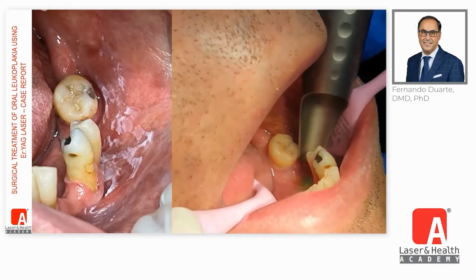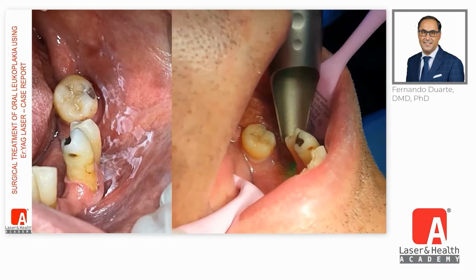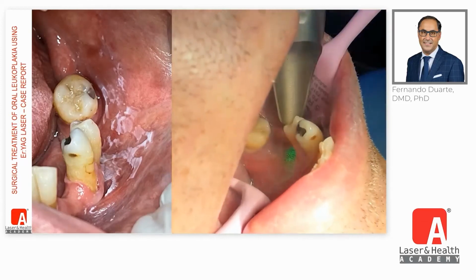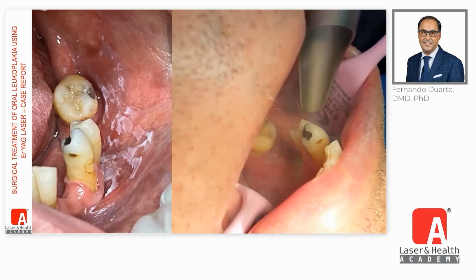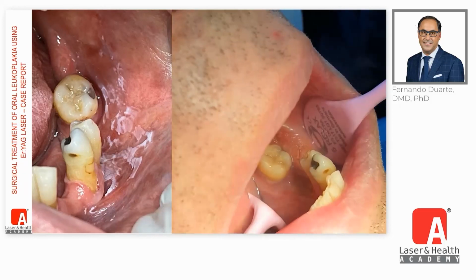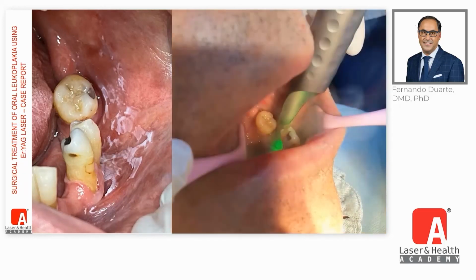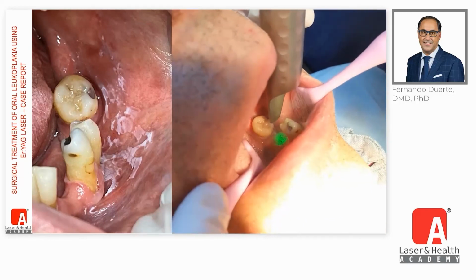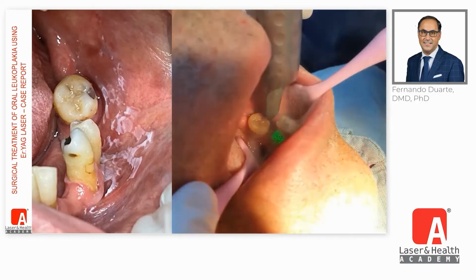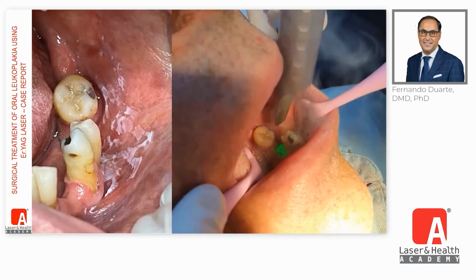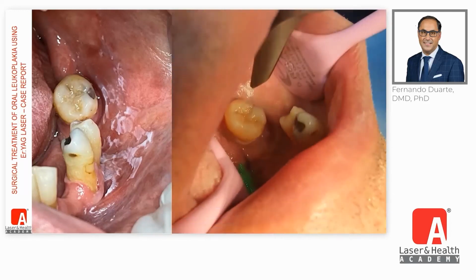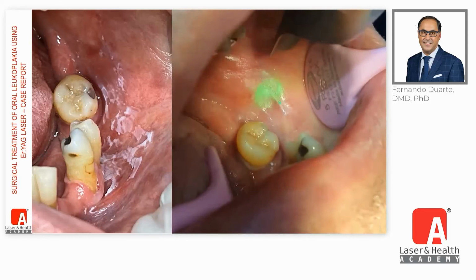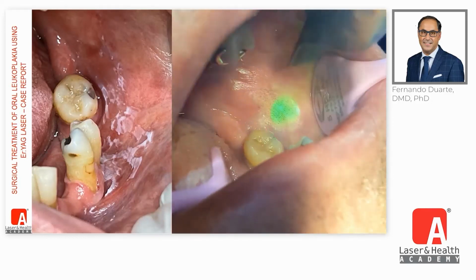The objective is to vaporize the superficial, the intermediate and also the deep layer of the leukoplakia. The patient was very collaborative with the treatment, no problem in terms of moving the head for the best angle for us to apply the laser. And also we can see an immediate transformation in the tissue.